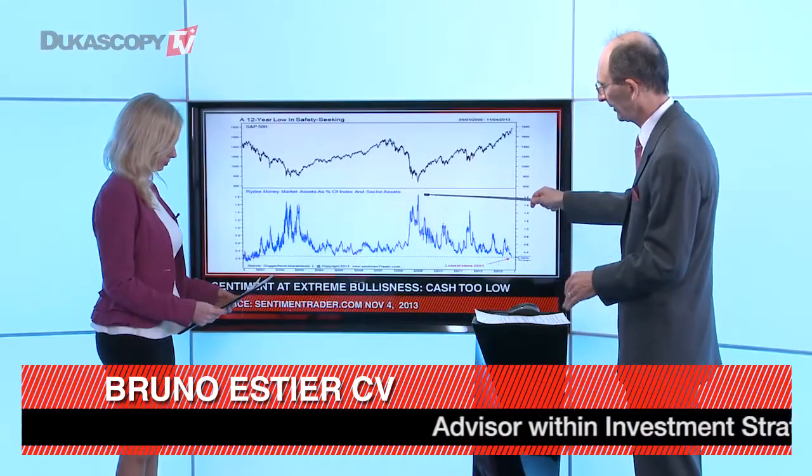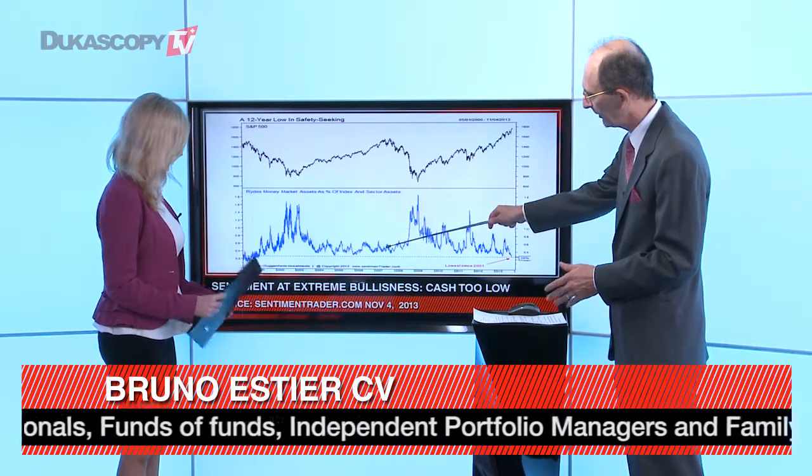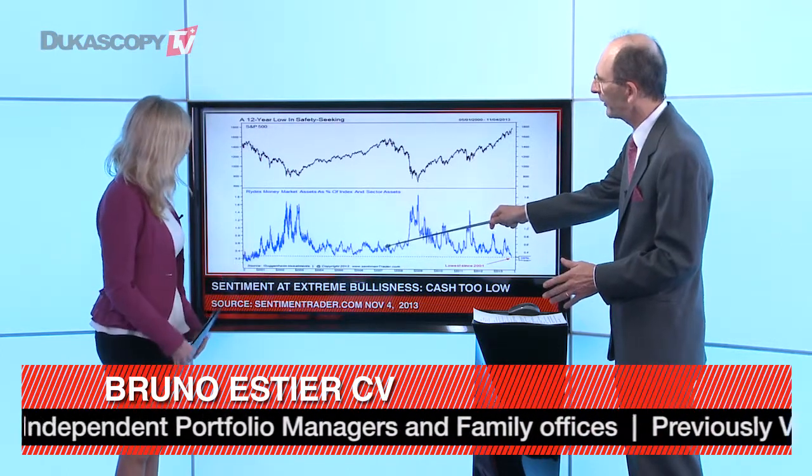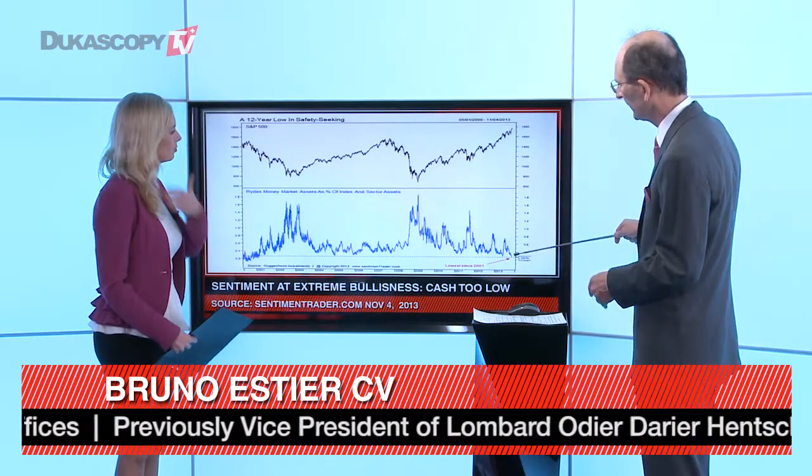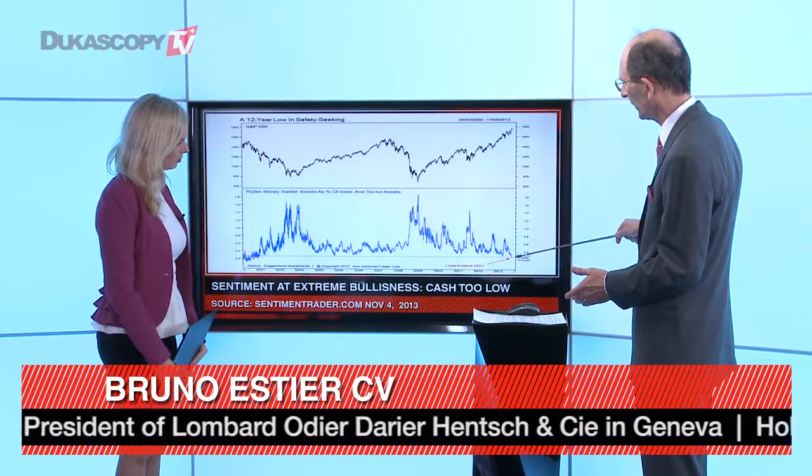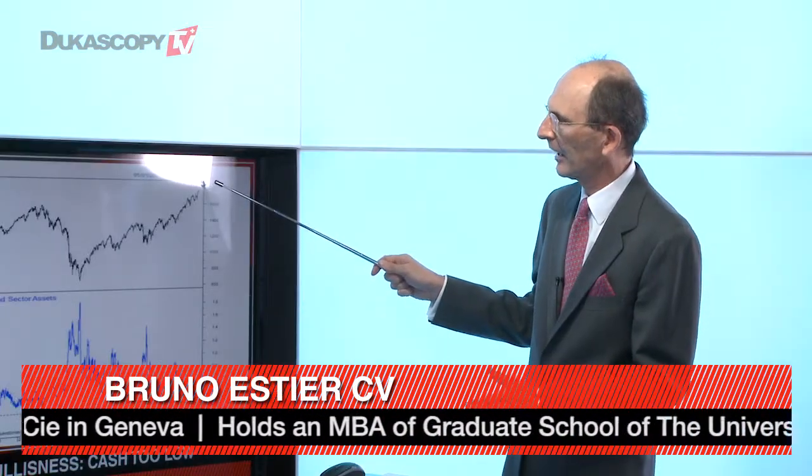In other words, if people have a lot of cash, like here at the end of 2008, that means they were very fearful. And when they don't have a lot of cash, like at the beginning of 2007, that means probably they are more complacent. Now we're really at the lowest point since 2001, but it's still declining. So we're probably here in the first stage of a warning.